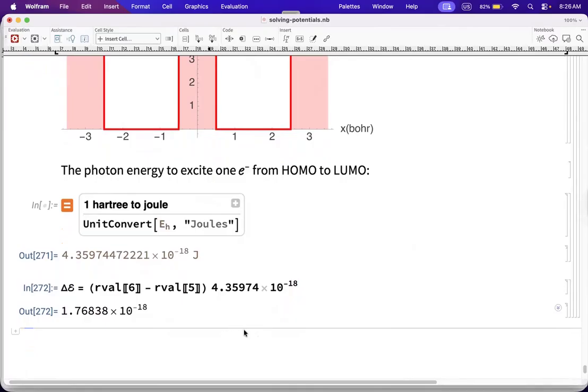Now, how to compute from that energy the frequency of this photon? The energy to excite one electron from HOMO to LUMO will be this energy, in joules. So from this, how can I compute the frequency?